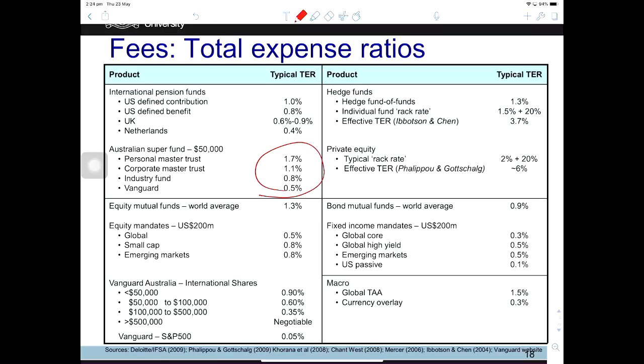So, for example, if you're working a part-time job, and with that $50 you save every week, you want to put it into a personal superannuation account. It's a retail personal super account, and it's going to be charged a very high fee, close to 2%. But if you join an industry super fund, for instance, UniSuper, or particular super funds for people working in the hospitality industry, you're going to be charged at a much lower rate.